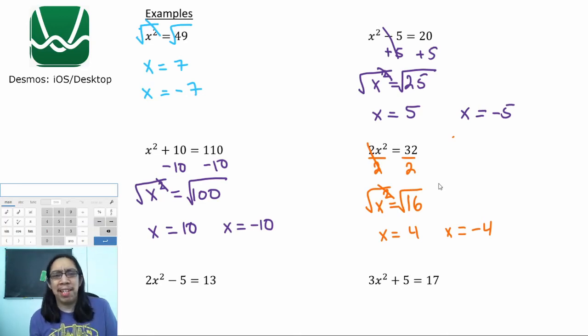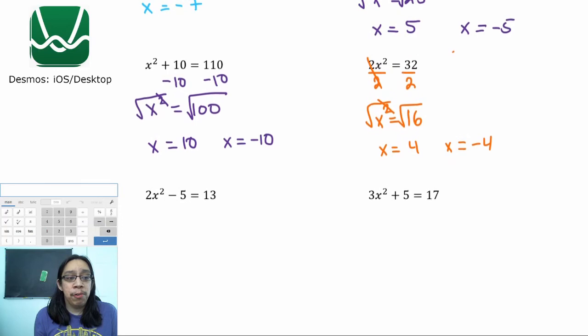Now, what's the worst thing that could happen if you decide to take the square root before you simplify? Well, if you try to do that early on, you might end up getting a decimal answer if you put that into the calculator. So to avoid that mistake early on, let's see if we can simplify before we apply the square root. Let's go ahead and see what other examples we have here.